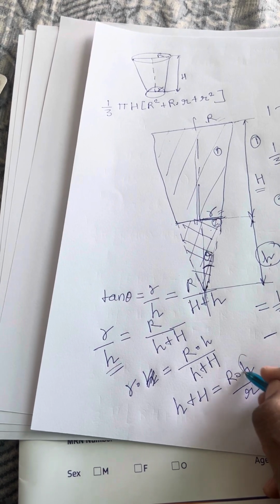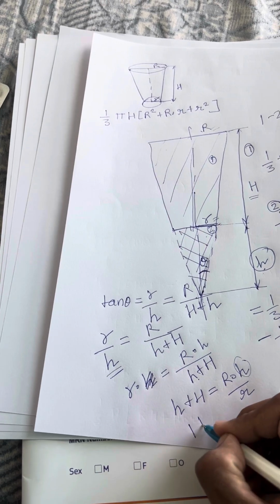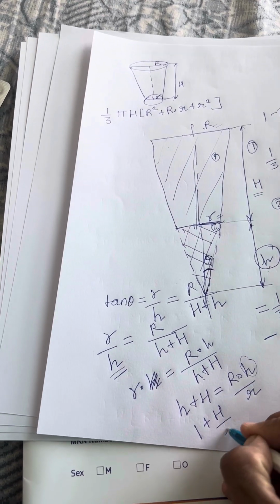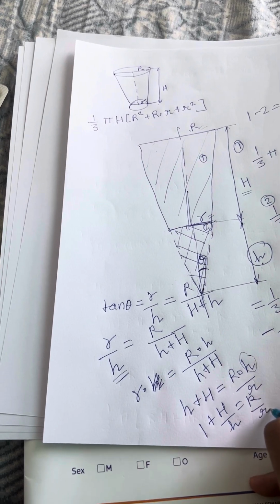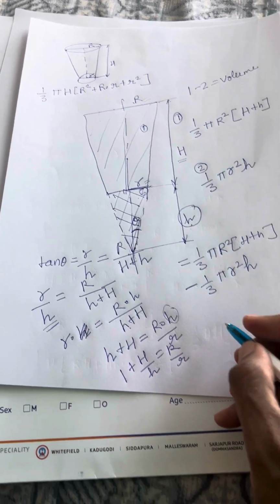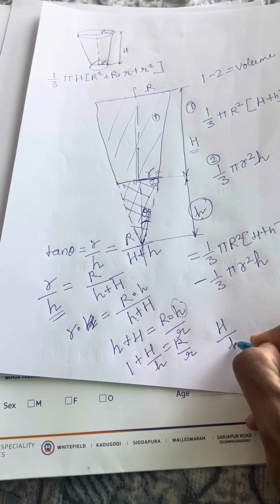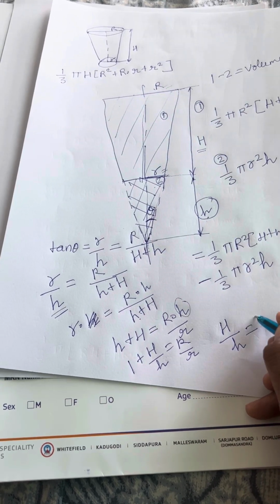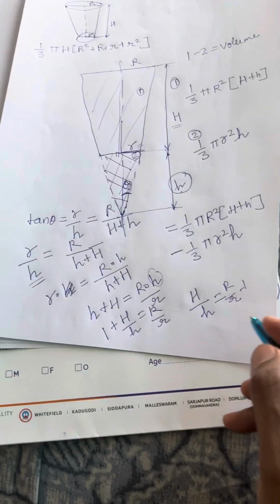And then I bring this h back, a bit complicated affair, but we'll try this. 1 plus H by h is equal to R by r, and then simplify this further. I bring H by h is equal to R by r minus 1.